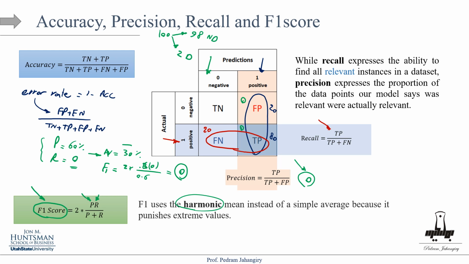So lastly, let me conclude this slide by introducing you to what's called MCC, the Matthews correlation coefficient. So MCC is yet another performance metric. It's commonly used for many applications as well.